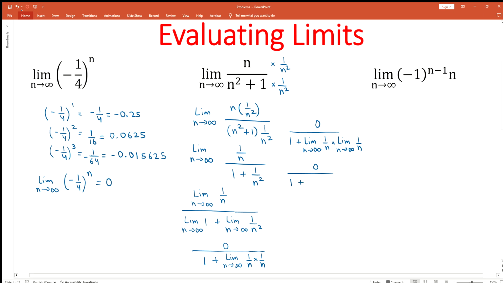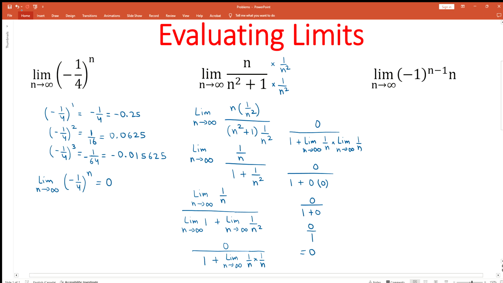As we discussed earlier, limit n approaches infinity for 1 over n is equal to 0 because as n approaches infinity, 1 over n approaches 0. 0 times 0 is 0. I get 0 as the value of the second limit.